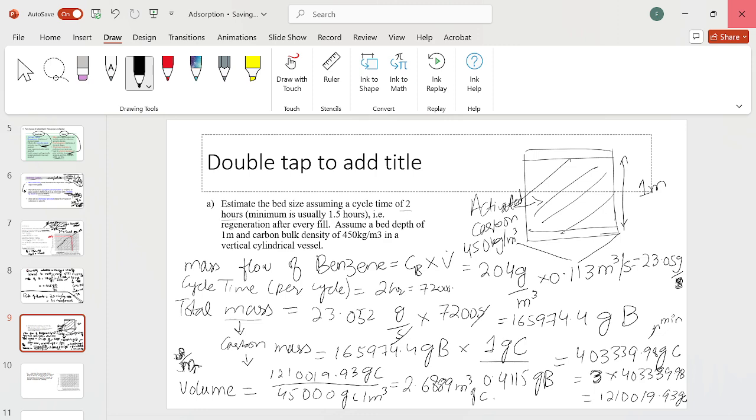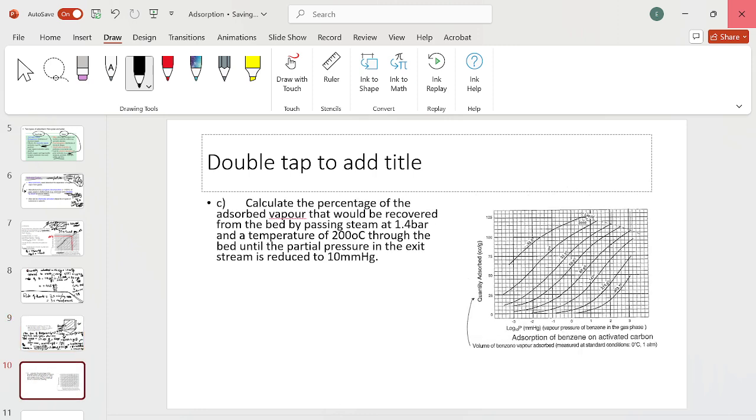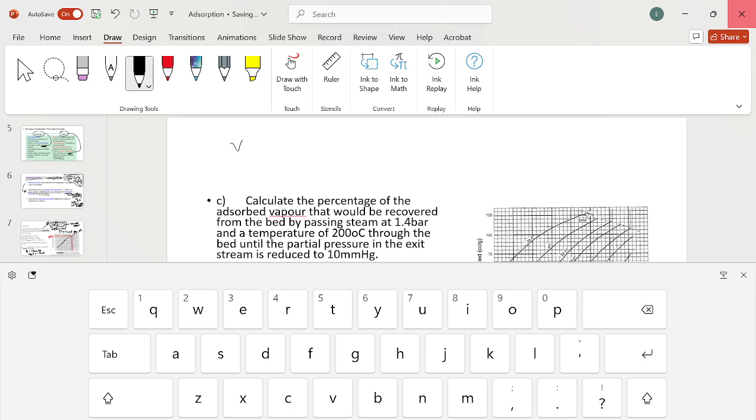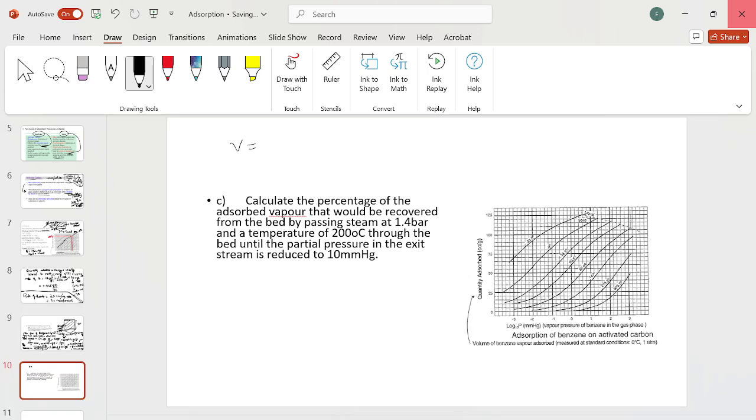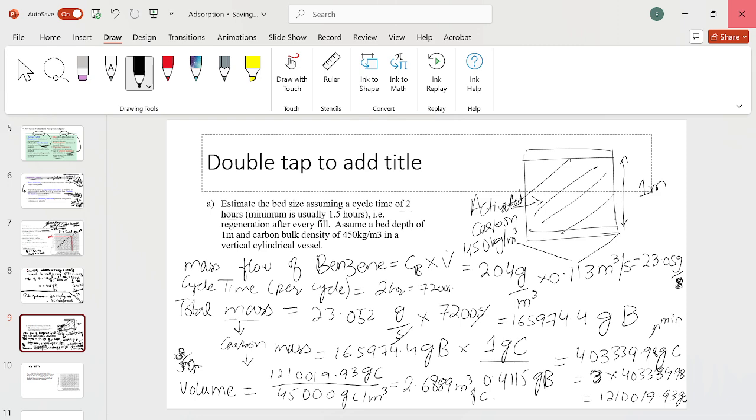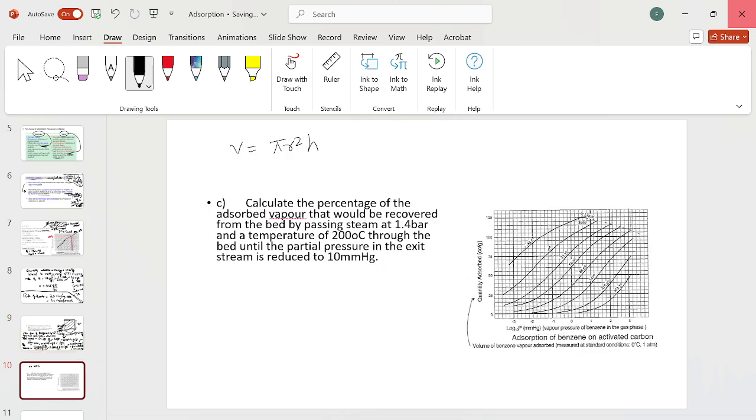And if we convert that volume into height, sorry, we are given the height as well. We have 1 meter height, but the diameter is needed.